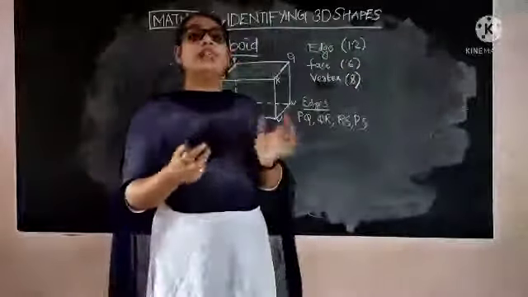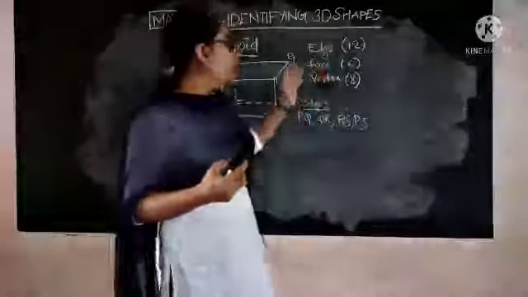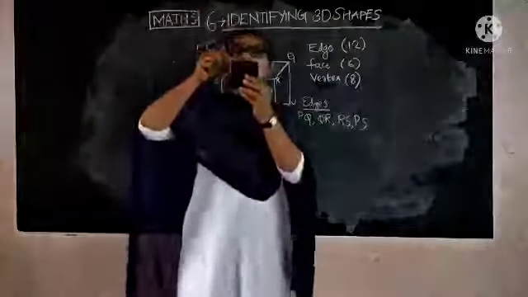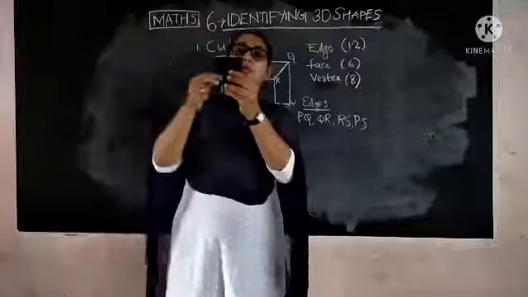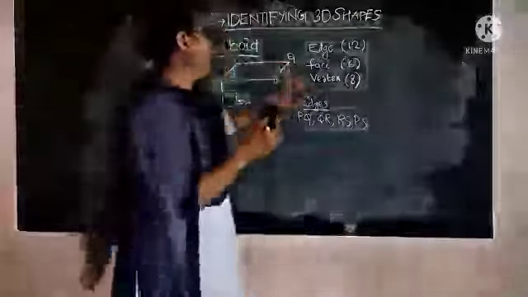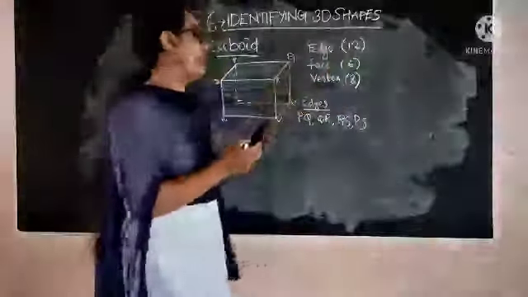These are the 6 faces of this cuboid. And vertices: which are the vertices? 1, 2, 3, 4, 5, 6, 7, 8. So we have 8 vertices.